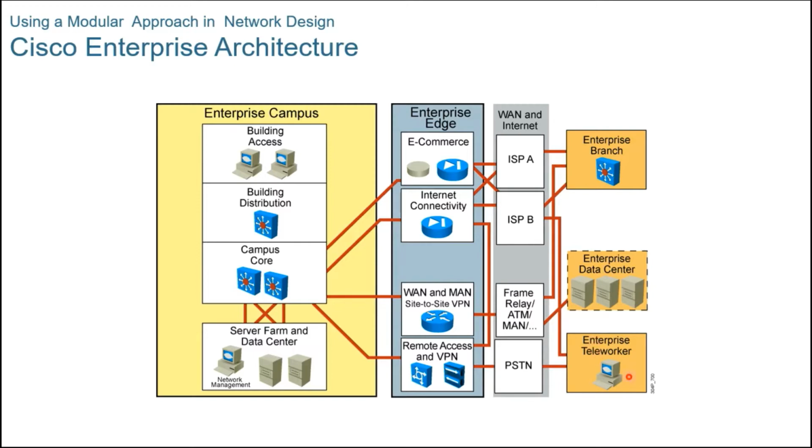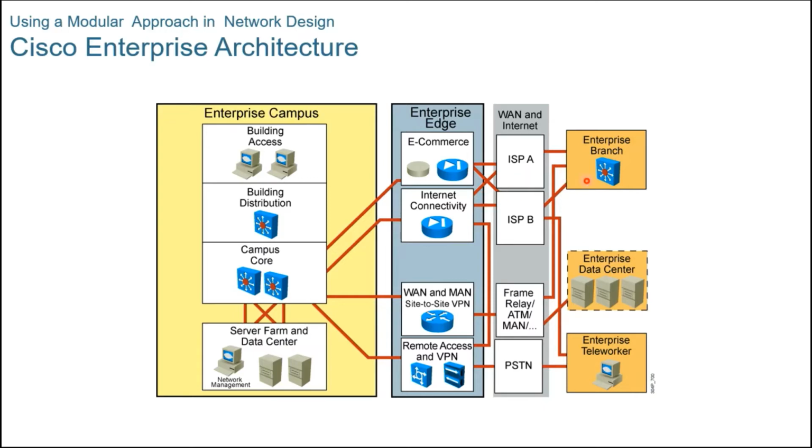So productivity can be further enhanced by adding an IP phone, thereby providing cost-effective access to centralized IP communications with voice and unified messaging services. So this architecture allows the network designer to focus on only a selected module and its functions.